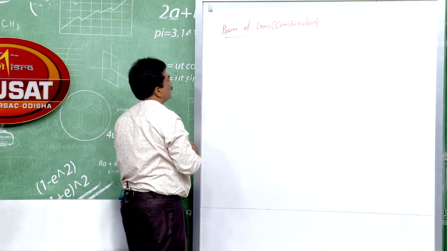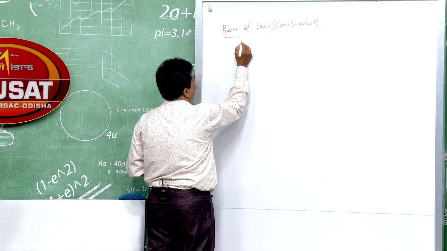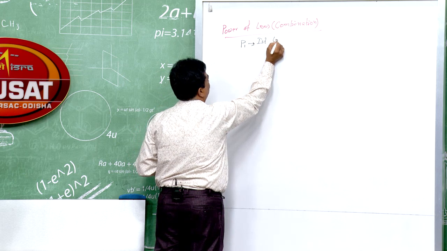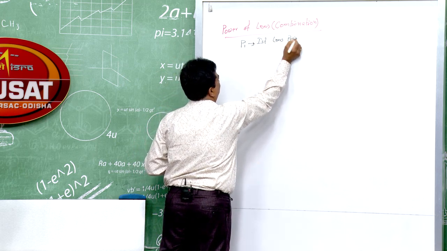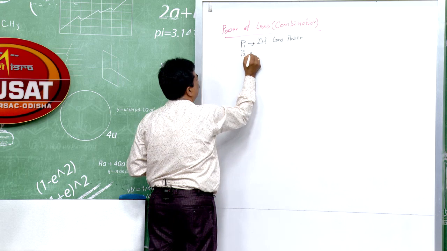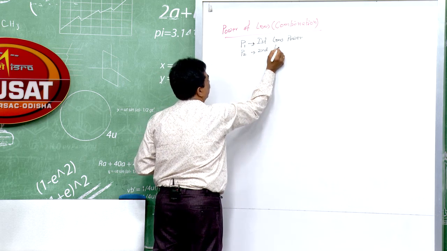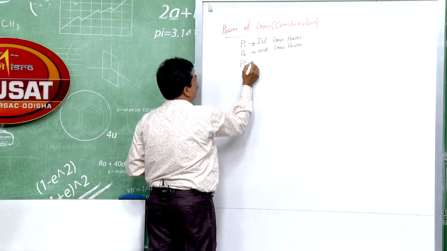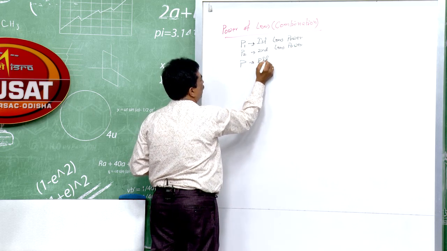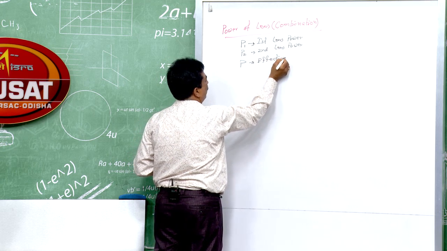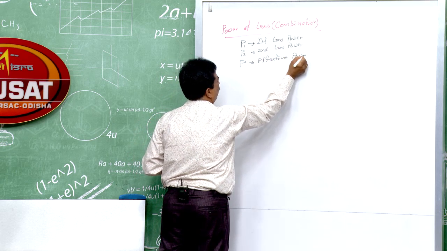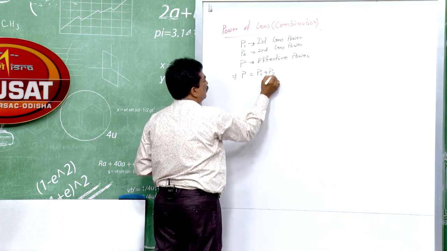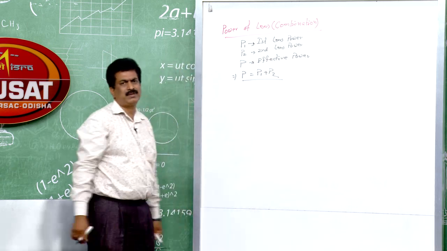If two lenses are combined together, suppose the first lens has power P1, that is the first lens power, and P2 is the second lens power. Then P, the effective power, is equal to P1 plus P2. Up to this we discussed in our last class.